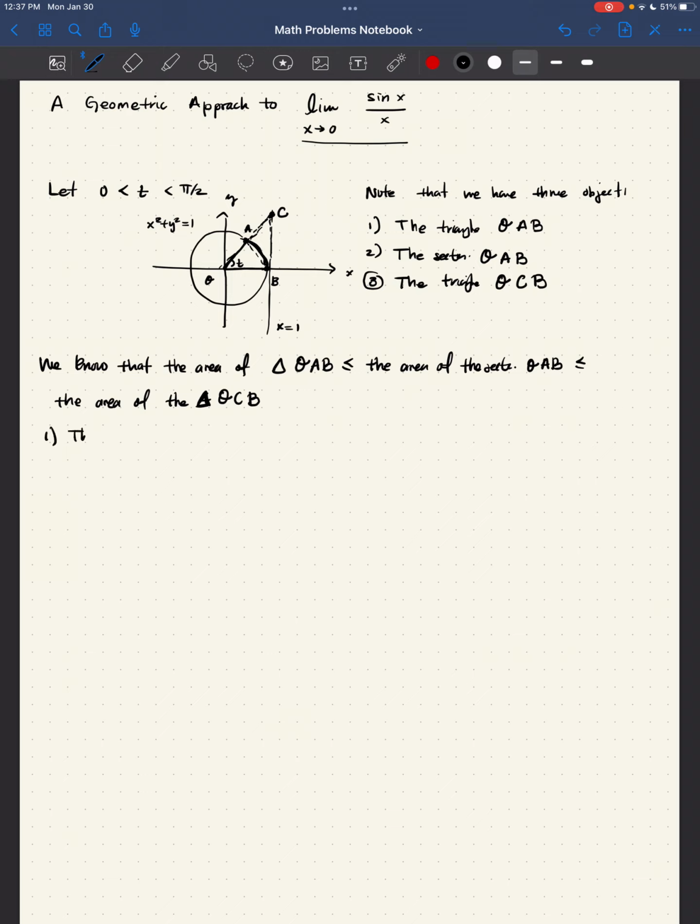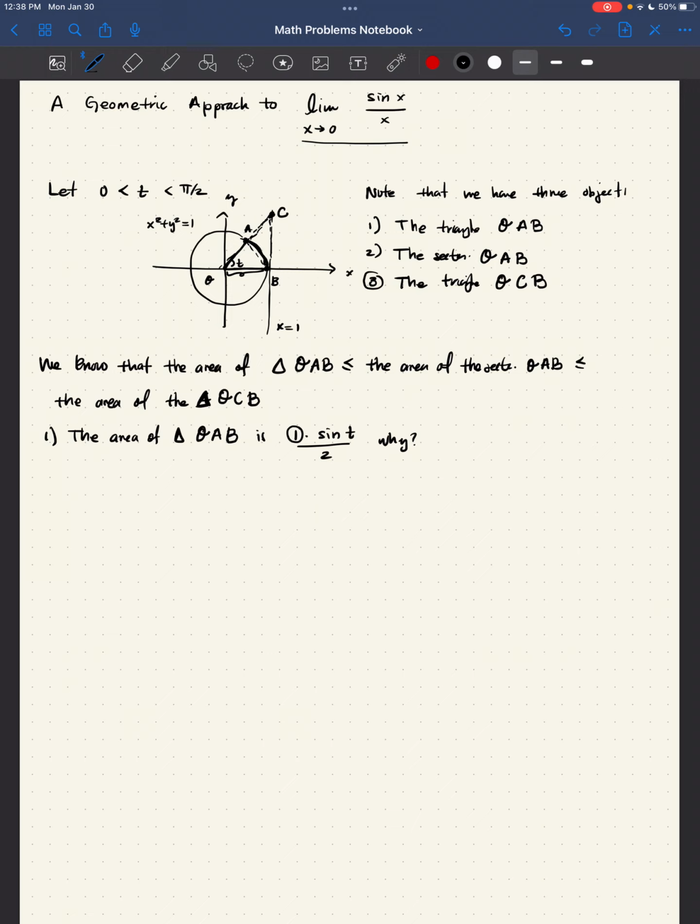First, the area of the triangle with the origin, A and B is nothing else but 1 times the sine of t divided by 2. Why is this? Well, look, the base of the triangle is nothing else but a radius.